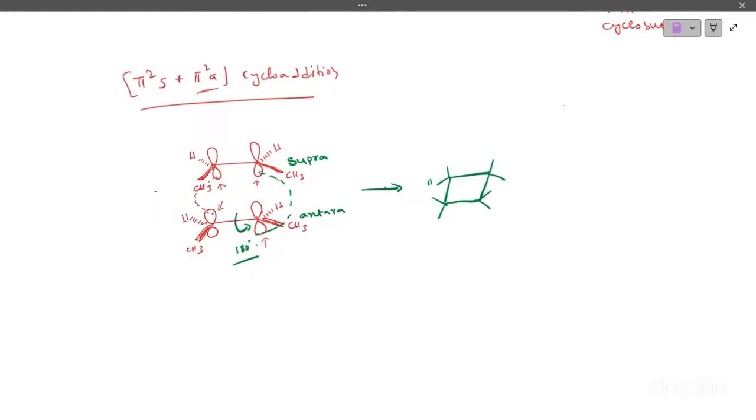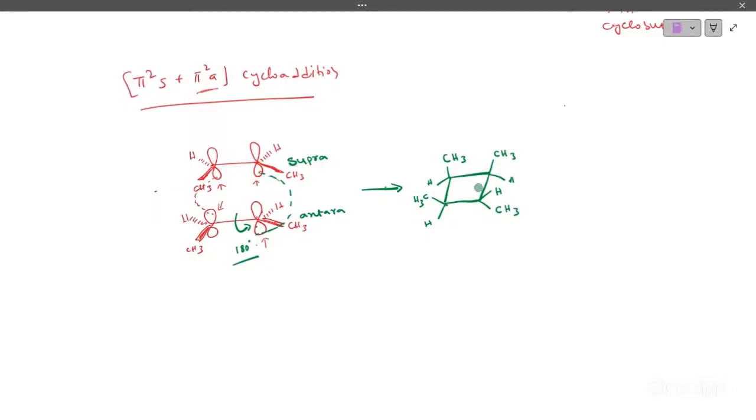Therefore, the below group is hydrogen, the above group is methyl group, with the paper plane. Now here, it is also involving the same above lobe, but at the second carbon position, the bottom lobe is involved in the interaction. For overlapping, it requires bond rotation. Therefore, there is no change at this carbon's stereochemistry, but the stereochemistry at this fourth carbon will be reversed. That means the hydrogen moves up and the CH3 group moves down.